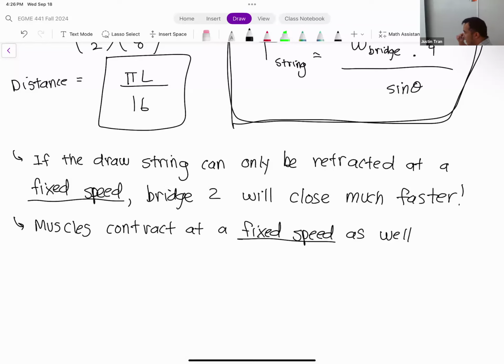And so in a situation like this, where the speed of contraction is fixed, in order to maximize the speed that your muscles can contract and your limbs can move, that attachment distance, that moment arm, has to be small.